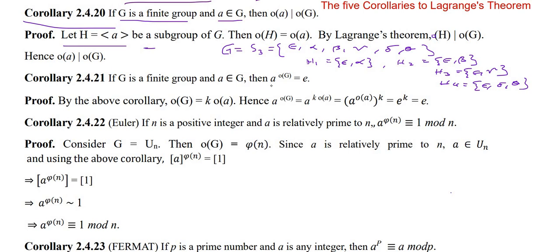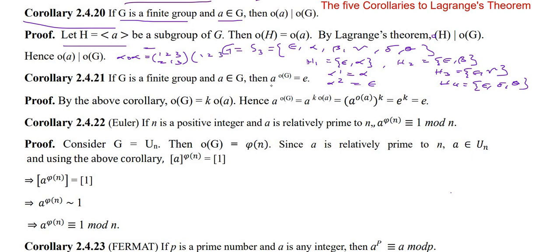So if you consider this, alpha power 1 is alpha, alpha square is epsilon. What is alpha? That can be checked. We know that alpha is this permutation. So alpha composition alpha, when we consider, that's our alpha square.